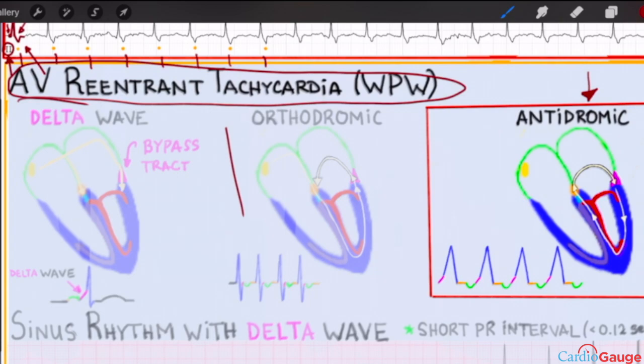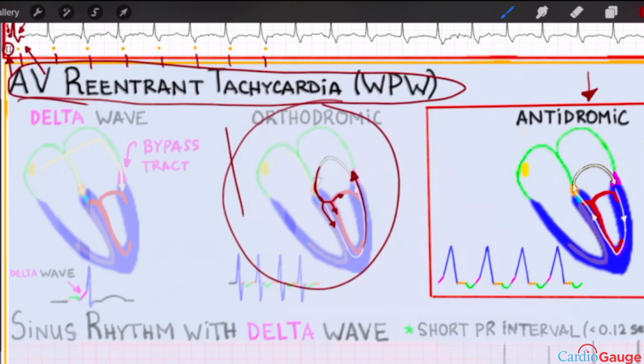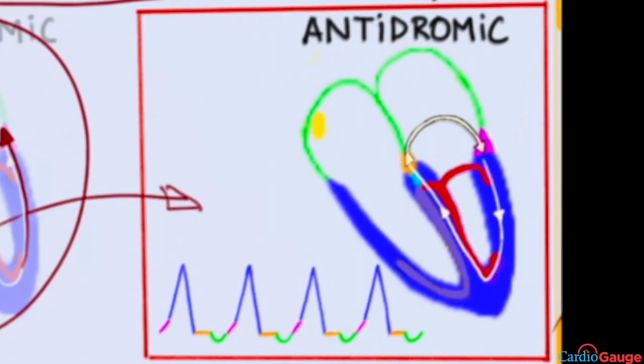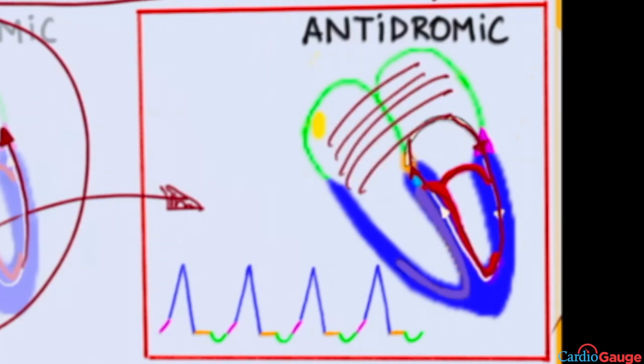Instead of the orthodromic situation, when the arrhythmia is using the normal pathway of AV node, His bundle, left and right bundles, and then retrograde conduction through the bypass tract, in this situation it's the opposite, where the conduction goes forwards through the bypass tract, works its way into the ventricle, and then His bundle, AV node, and then the atria depolarize in a retrograde direction.